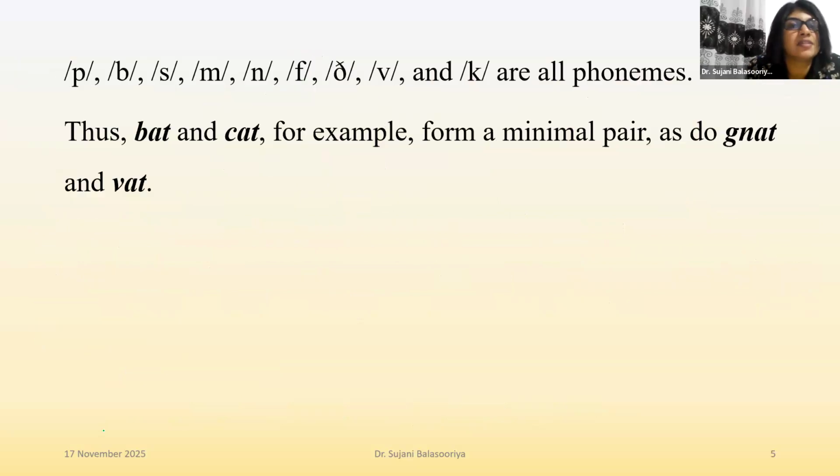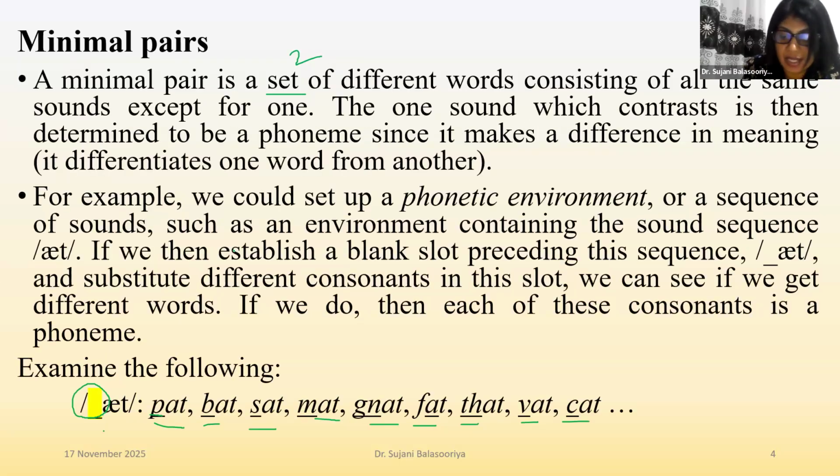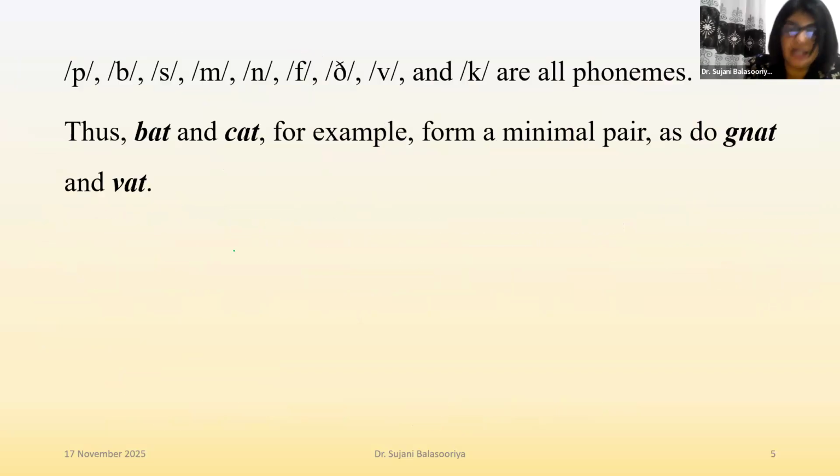Okay, right. So according to this last line here, we say p, b, s, m, n, f, th, v, and k. All are phonemes. Okay, right? All are phonemes, because each phoneme has its own meaning that makes the meaning difference among these words.